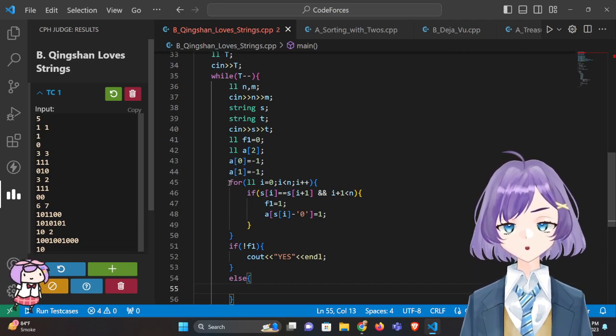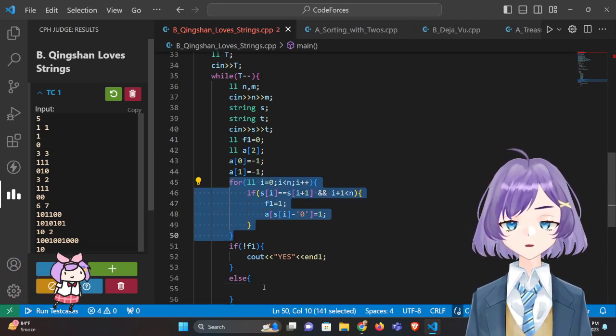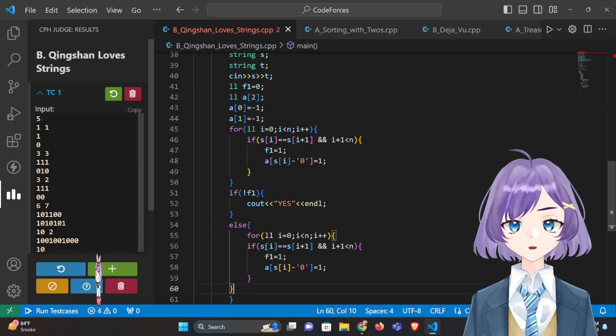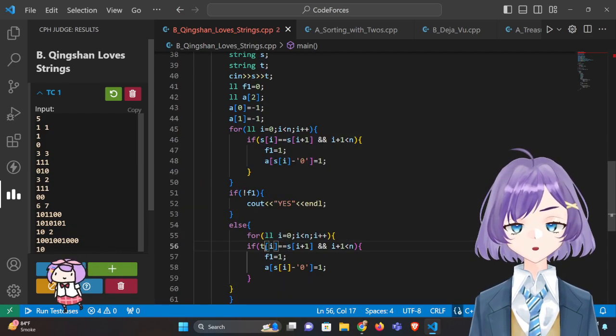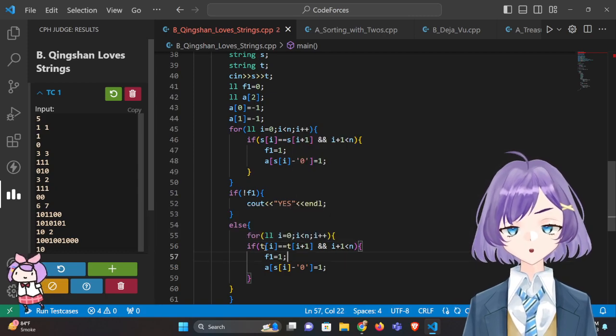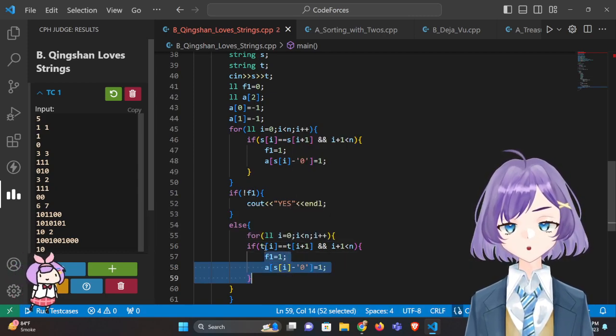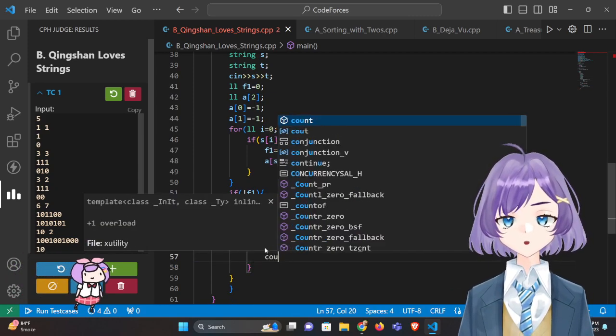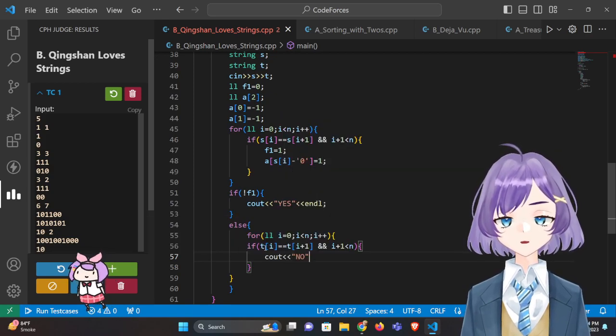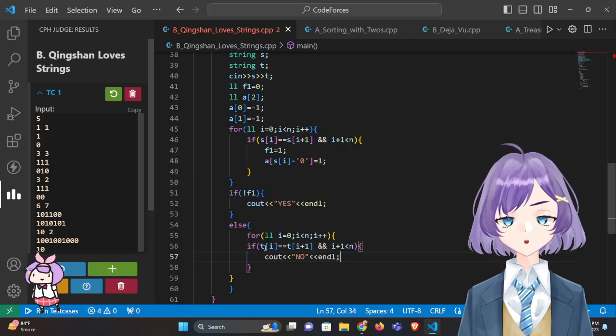Saying the same thing, but for t. If t of i is equal to t of i plus 1, cout no and l.